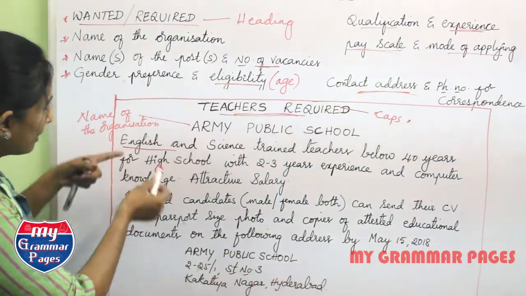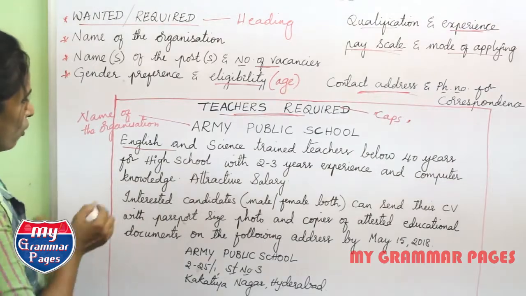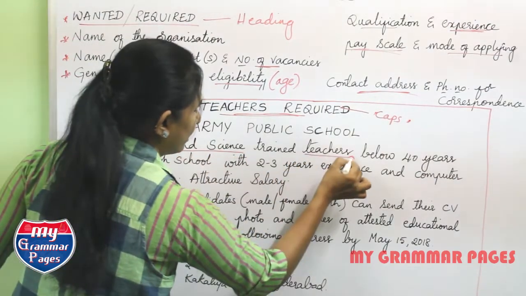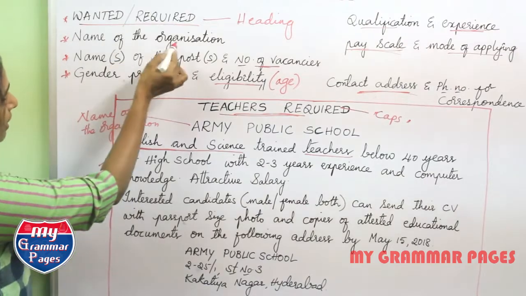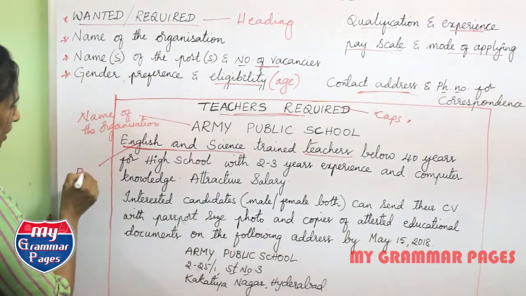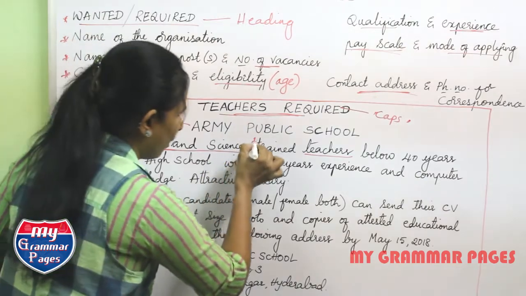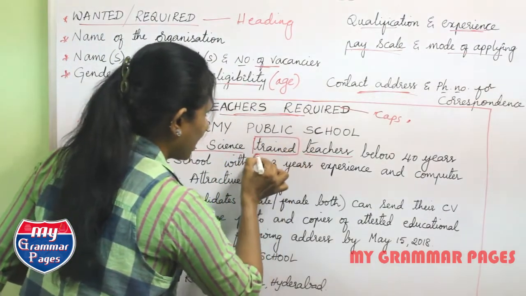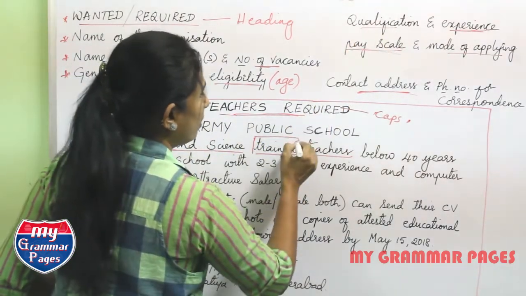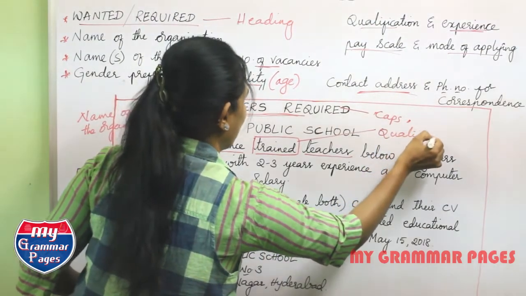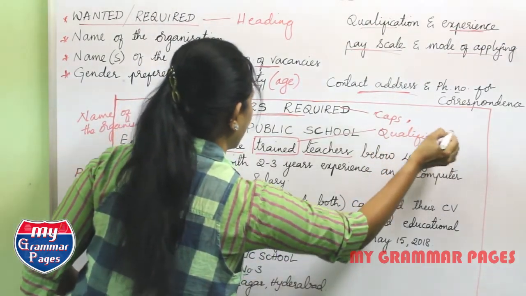In this one, let me see whether the features are satisfied or not. English and science teachers, these are the names of the posts. So we have taken 2 posts here, and we have clearly mentioned trained. This trained comes under qualification. In their respective subjects, they need to be qualified.